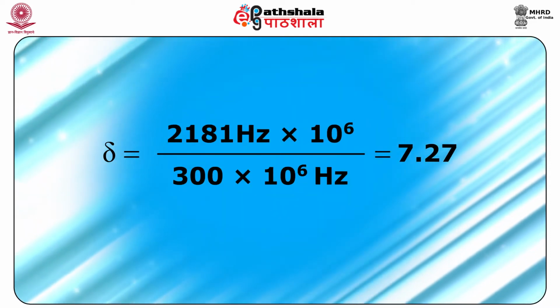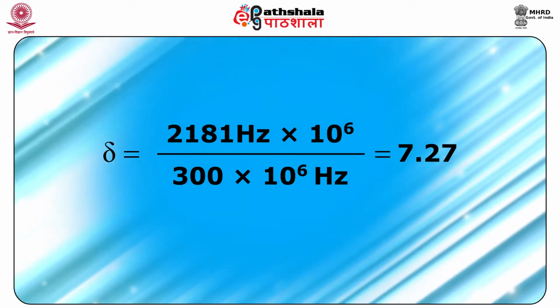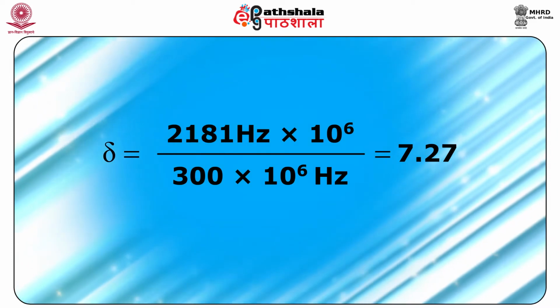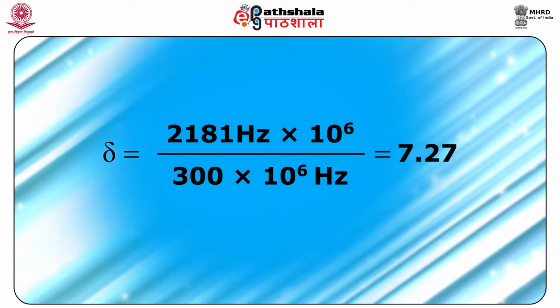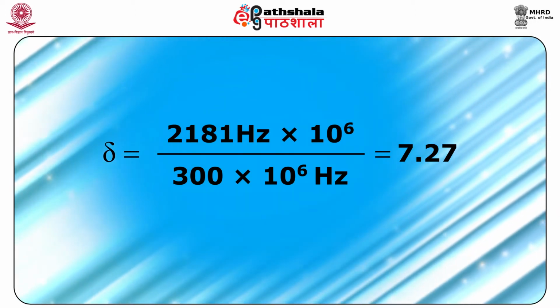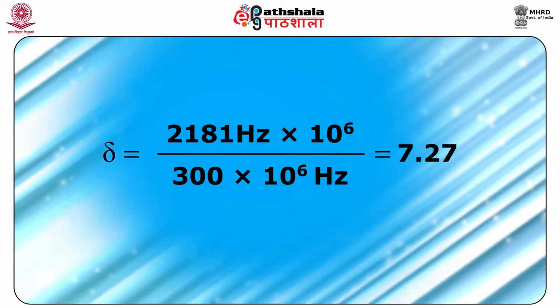Now let us take an example of the same. When benzene is analyzed using an NMR spectrometer operating at 300 MHz, the protons of benzene absorb at a frequency that is 2181 Hz larger than the frequency of absorption of TMS.